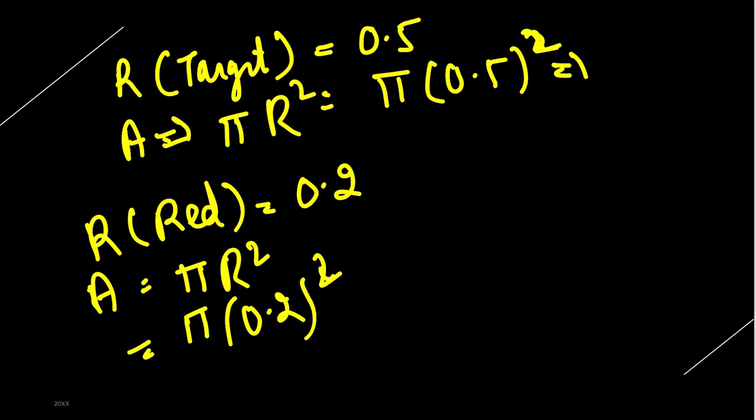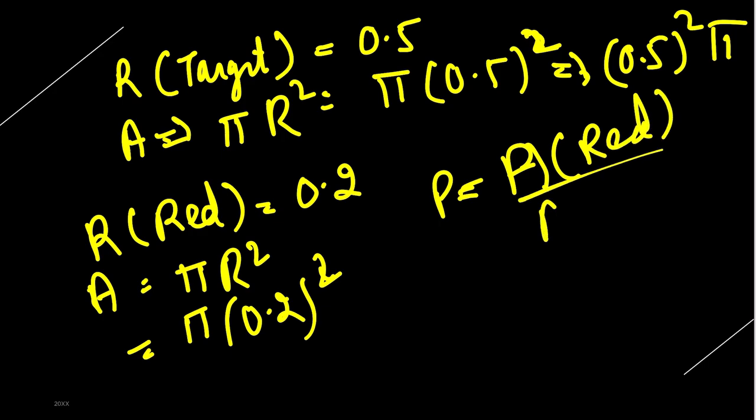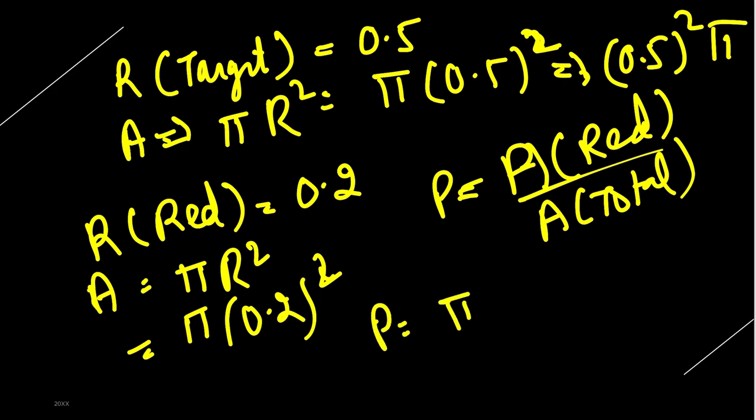So the total area is pi into 0.5 square and the red area is pi into 0.2 square. The probability of hitting the red area is the area covered by red divided by the total area. So the probability is pi into 0.2 square divided by pi into 0.5 square.